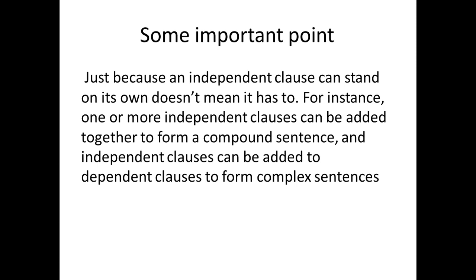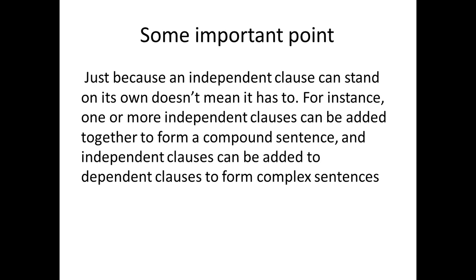Just because an independent clause can stand on its own doesn't mean it has to. For instance, one or more independent clauses can be added together to form a compound sentence. What does it mean? A compound sentence can be formed by joining two sentences with the help of a coordinating conjunction. And independent clauses can be added to dependent clauses to form complex sentences.